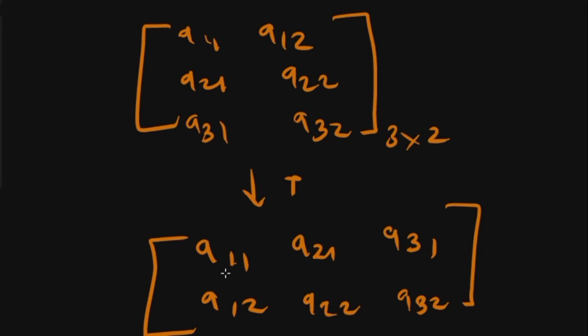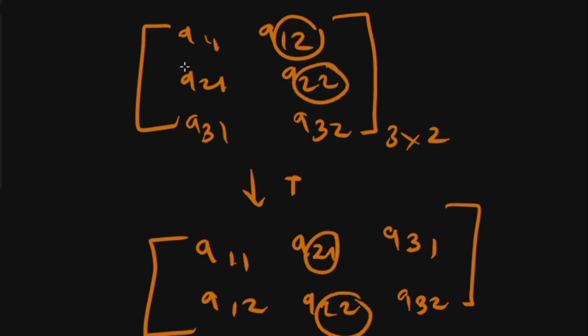So here I can see that here is 1 2 and here is 2 1, here is 2 2, here is 2 2, here is 2 1, here is 1 2. So I can see places are switched. So row is becoming column, column is becoming row.